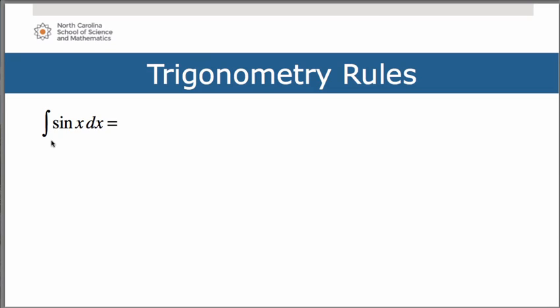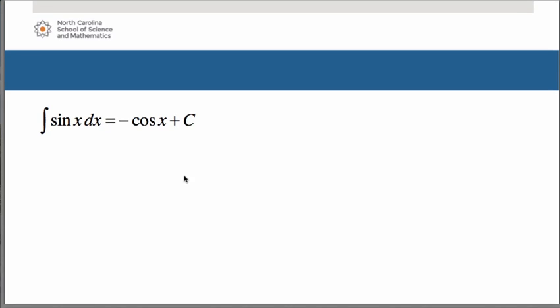So if we want the antiderivative of sine of x dx, think to yourself, what can I take the derivative of and get sine as my answer? Hopefully you've thought of the fact, if you did the derivative of negative cosine of x plus c, you get sine of x back.